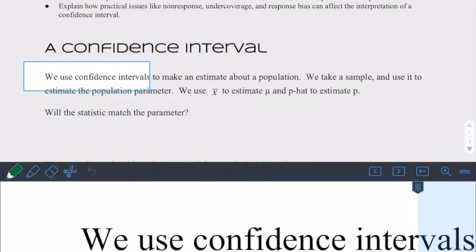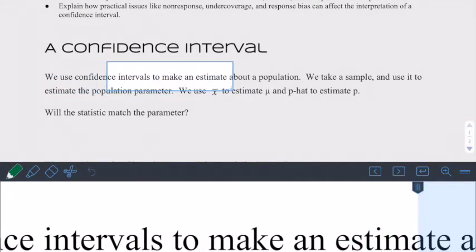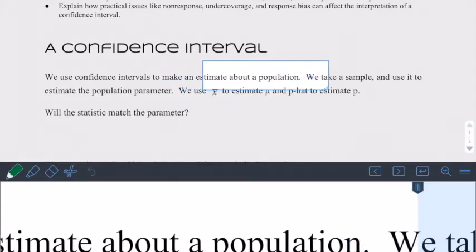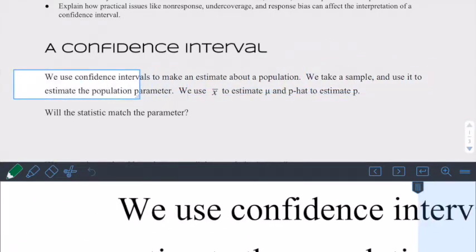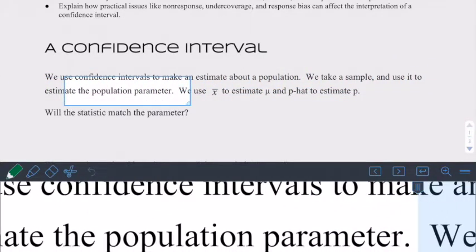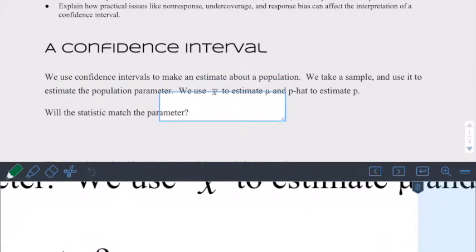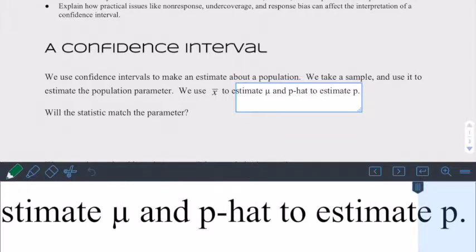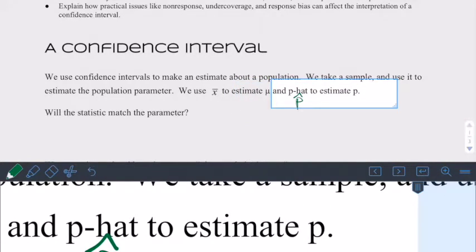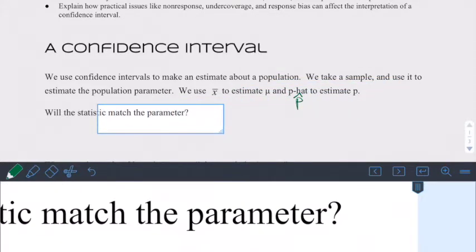So a confidence interval. We use confidence intervals to make an estimate about a population. We take a sample and use it to estimate the population parameter. We use x bar to estimate mu, these are our means, and p hat to estimate p, those are our proportions. Will the statistic match the parameter?